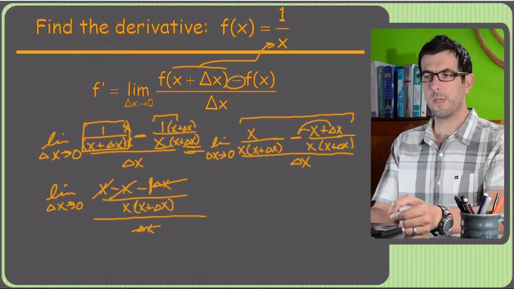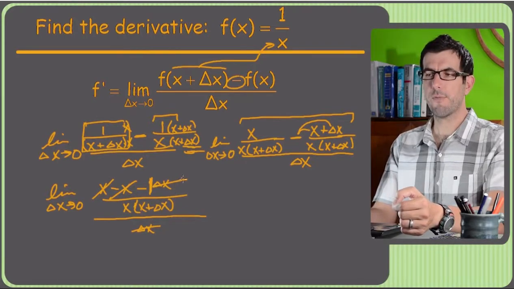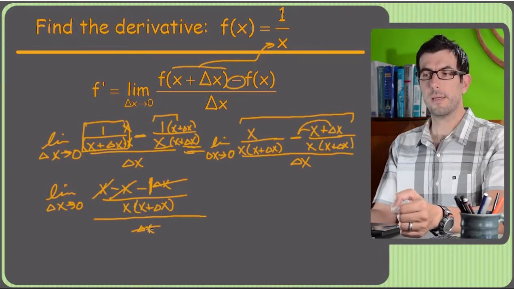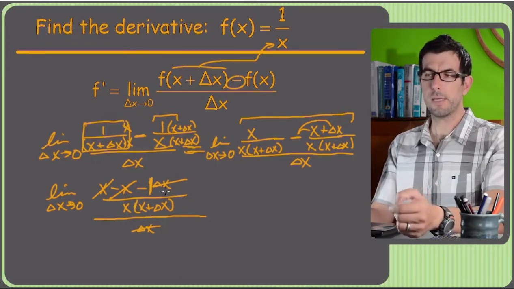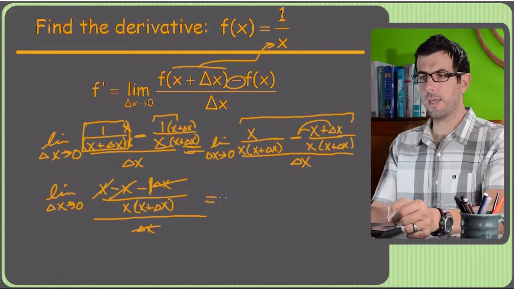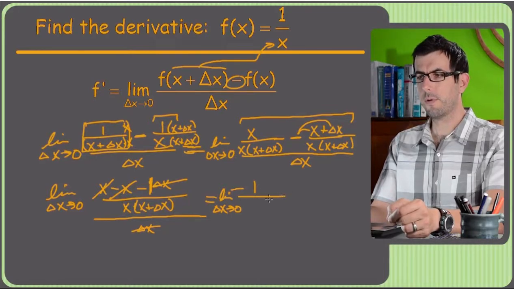If you don't believe me, you could treat this as a giant fraction being divided by delta x, which is the same as being multiplied by 1 over delta x. Anyway, delta x's cancel, and we get the limit as delta x approaches 0 of negative 1 over x times x plus delta x.